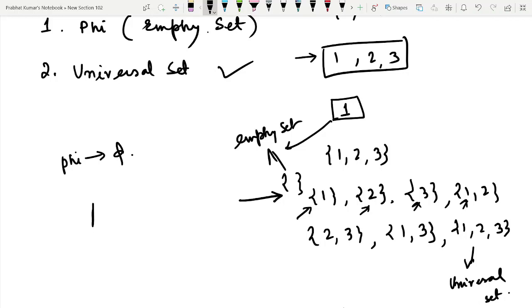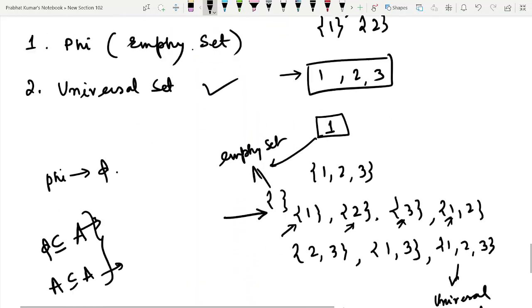Even if A is there, and we don't know what is in A, we can easily say that phi will always be a subset of this, and A itself will always be a subset of A. So this is the universal set, and this is the empty set. These two always occur, and these two things are very important in describing some mathematics, as you'll see in due course.